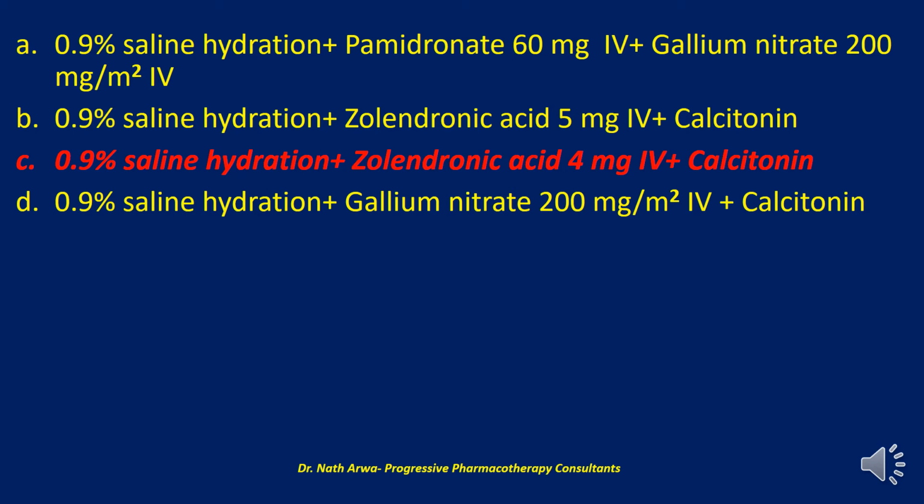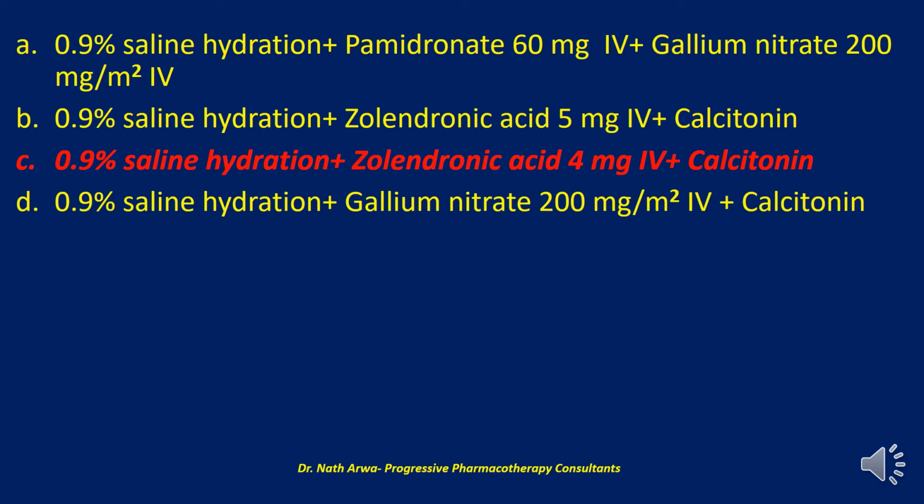Now, studies have shown that zoledronic acid is more potent than pamidronate. That's why I picked C and not A, with a similar toxicity profile in the treatment of hypercalcemia of malignancy.